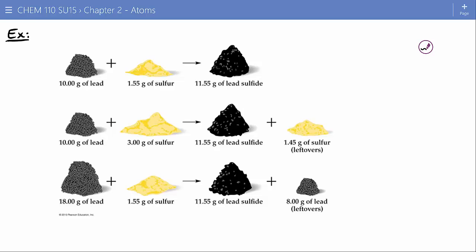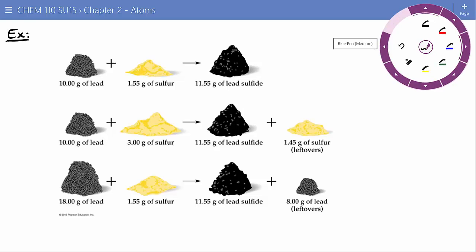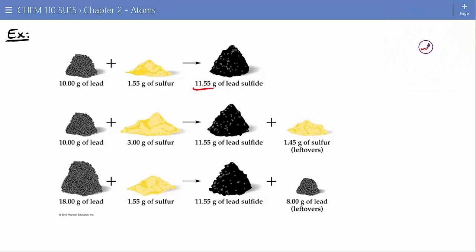So in the top example we have 10 grams of lead, we've got 1.15 grams of sulfur. Conservation of mass says that we can't gain or lose mass there, right? So our final product that we get out, this is just the sum of masses for our 2 starting materials. So that follows the conservation of mass law.